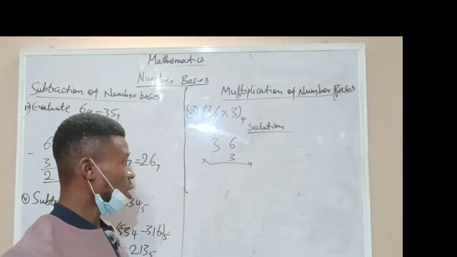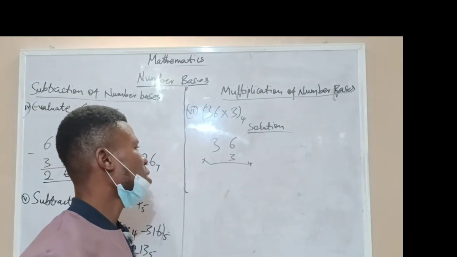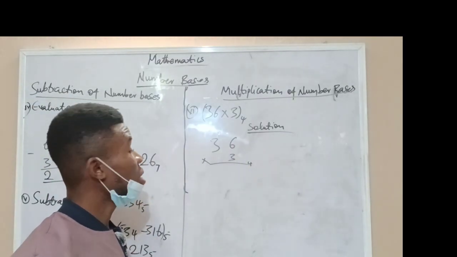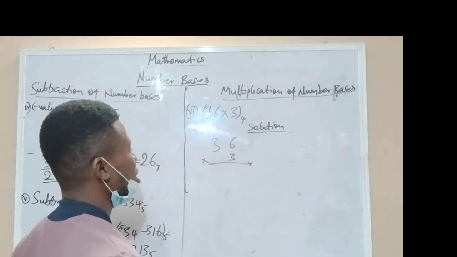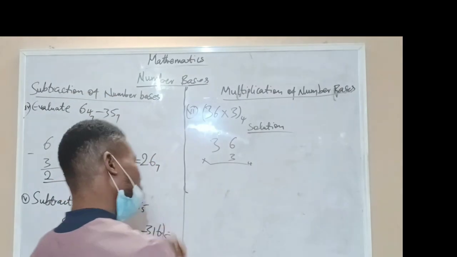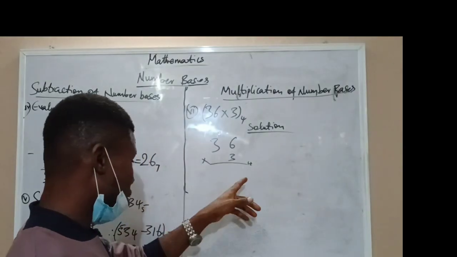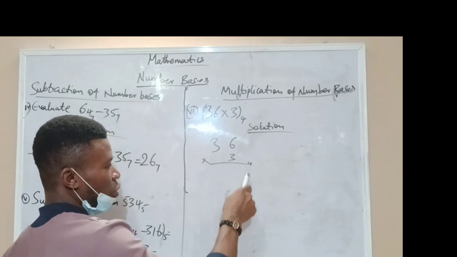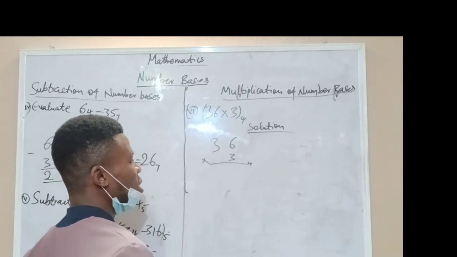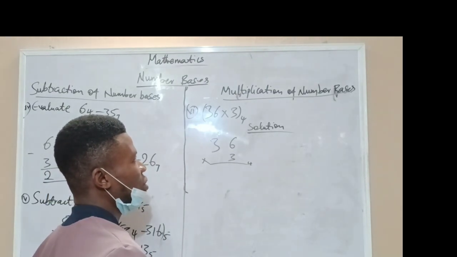Now, we start with 3 times 6 is 18, right? Now, 4 in 18. Remember, the base is 4, and what we got is far bigger than 4. So 4 in 18, what do we have?